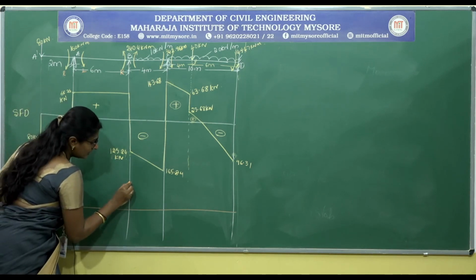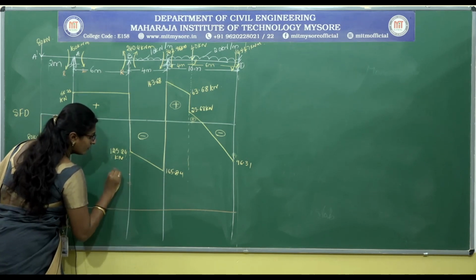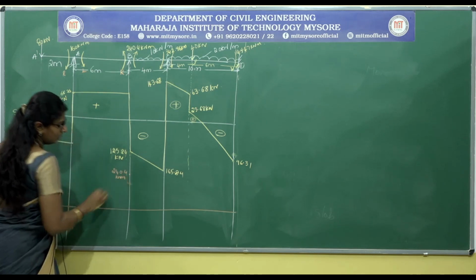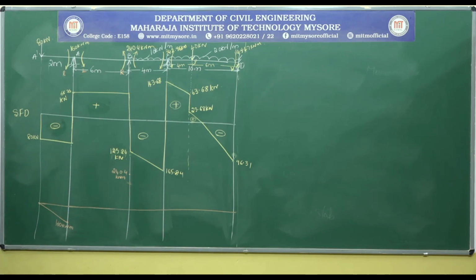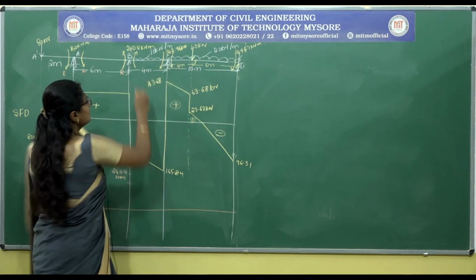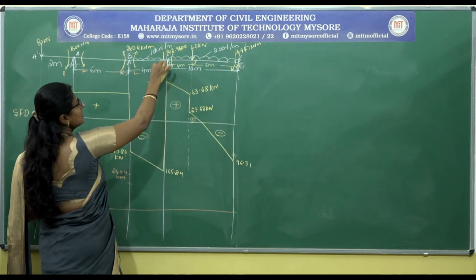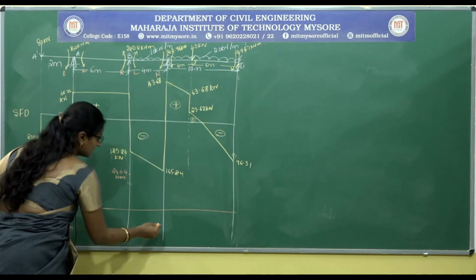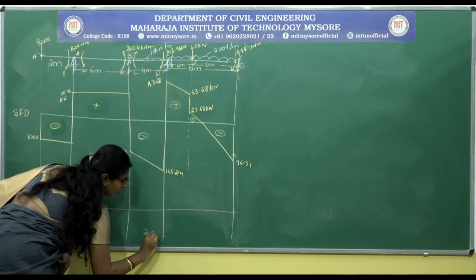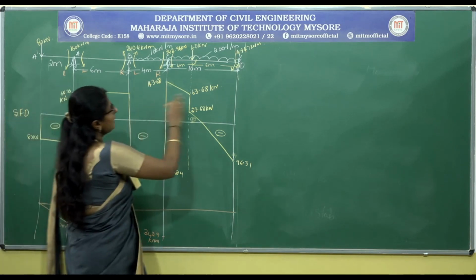So, this will come somewhere here, which is 240.4 kilonewton meter. Then at C, 342.96, so it is acting at right side clockwise is negative. So, we have to take this below, it is 342.9 kilonewton meter.